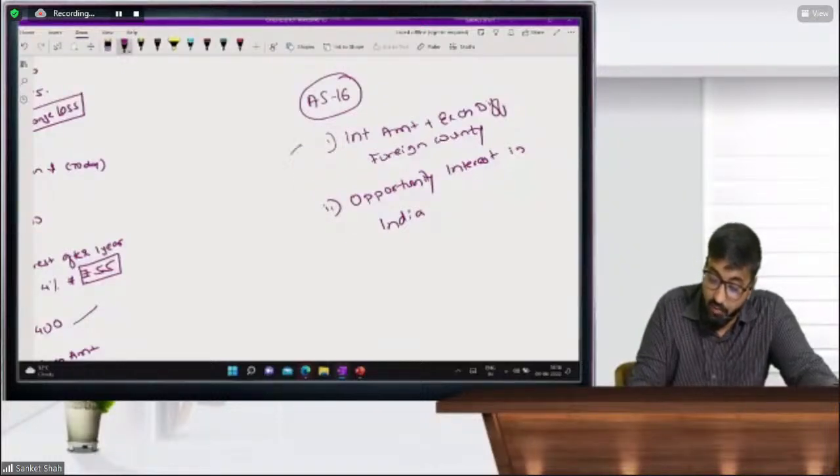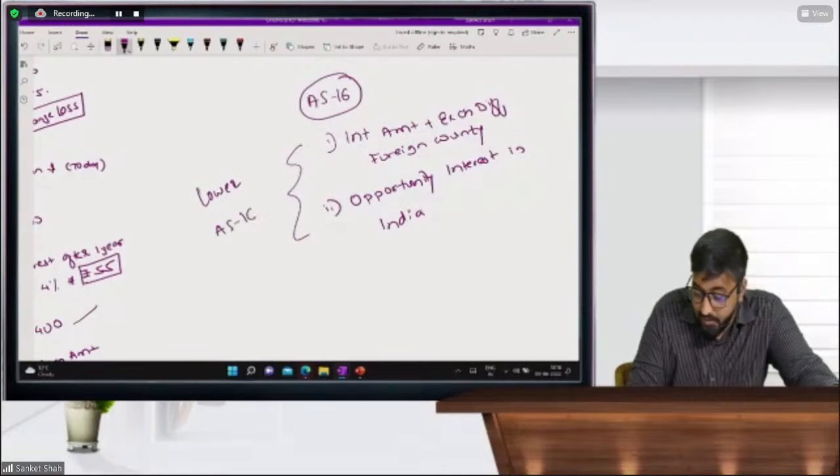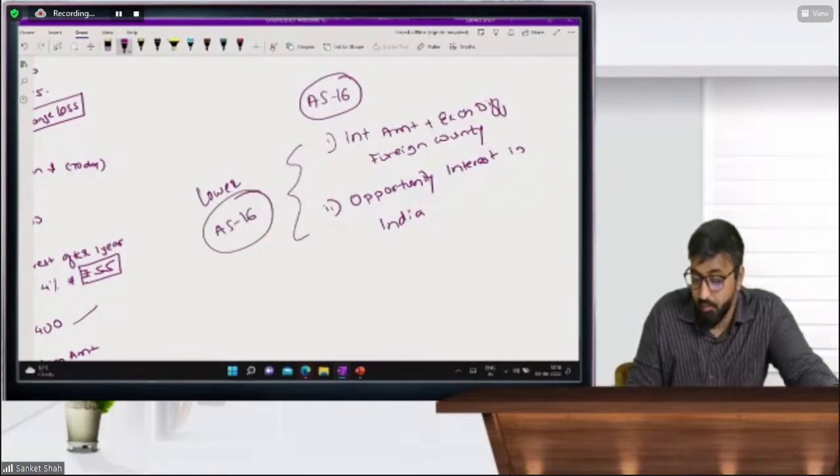And beta, whichever is lower, you will consider in AS 16. Remember, as per AS 16, you will consider whichever is lower.